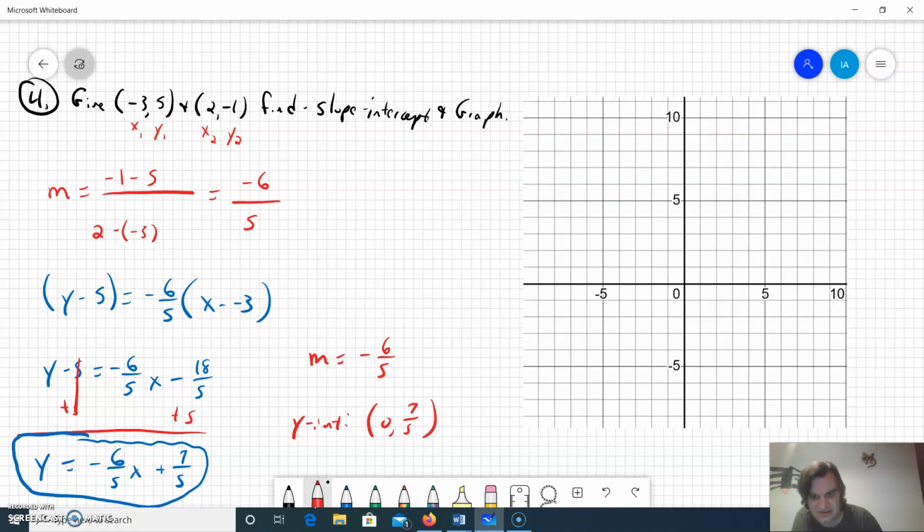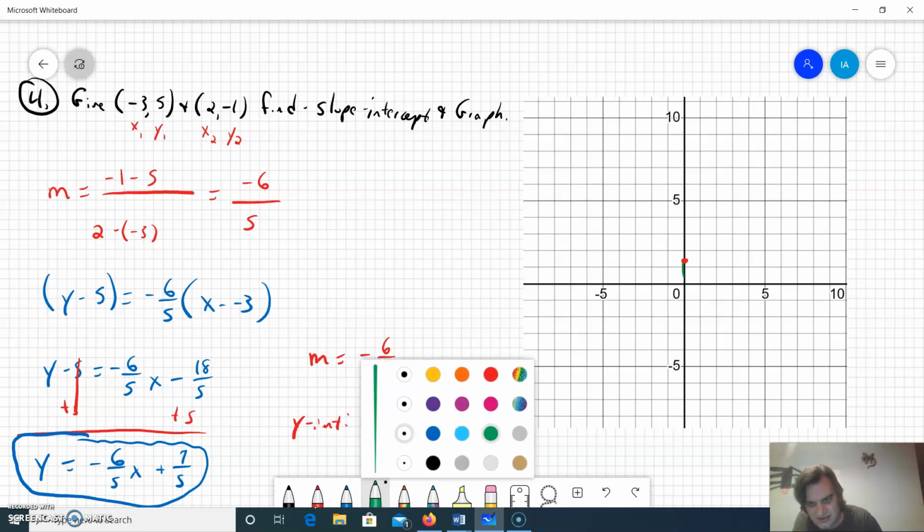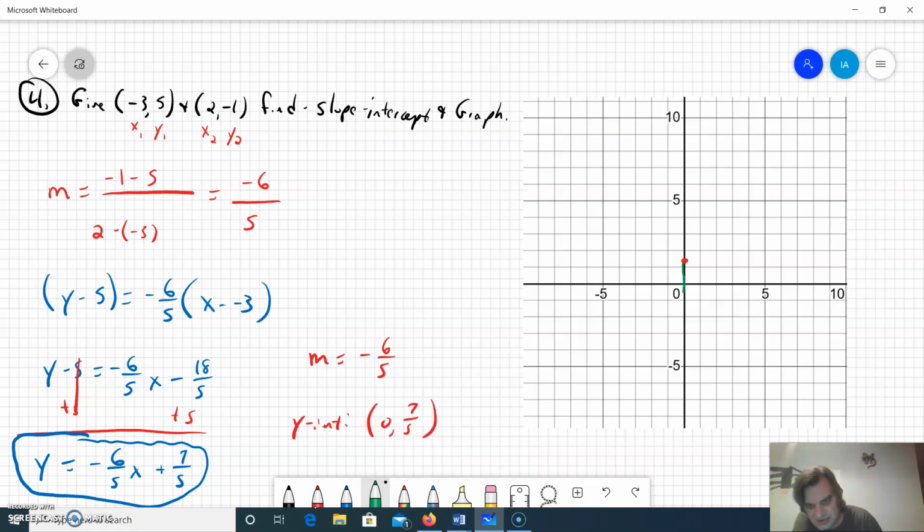So let's come over here. 7/5 is between 1 and 2, and my negative 6/5 means from there I go down 6: 1, 2, 3, 4, 5, 6, and then over 5: 1, 2, 3, 4, 5. So I went from something close to 0, 1 to something close to 5, negative 5.